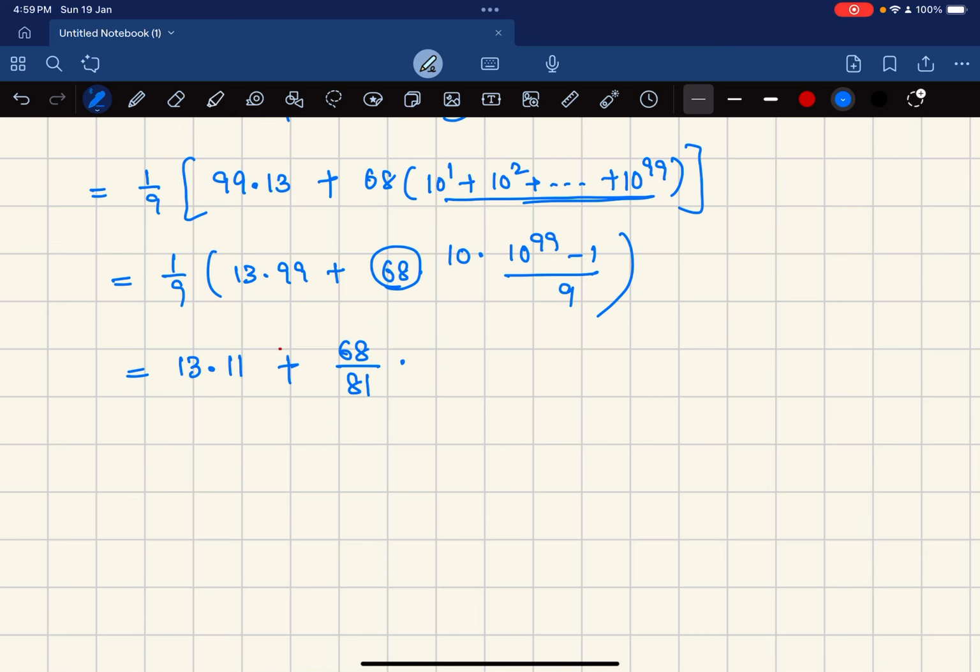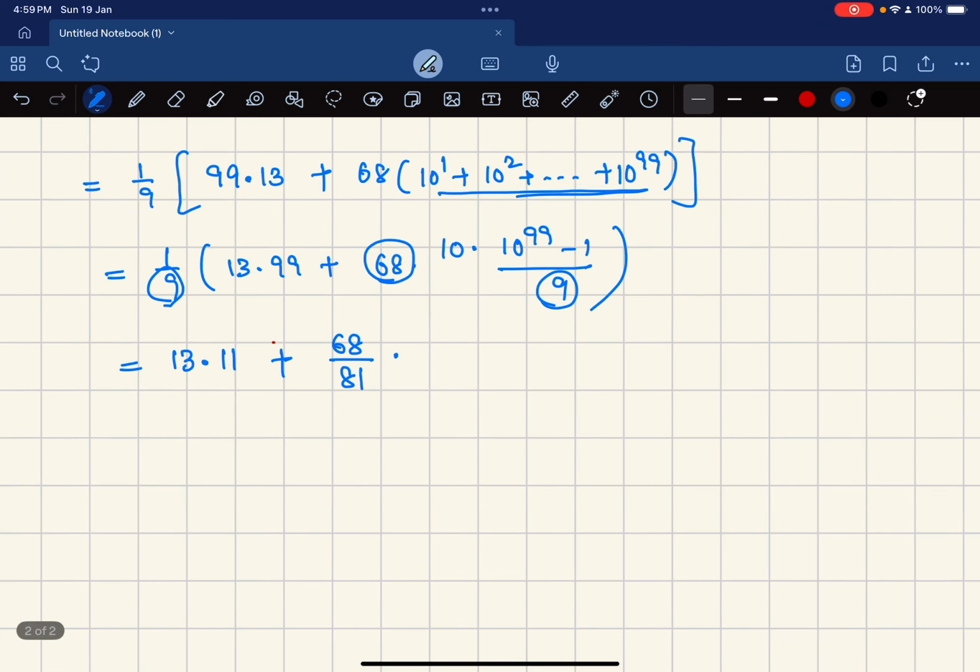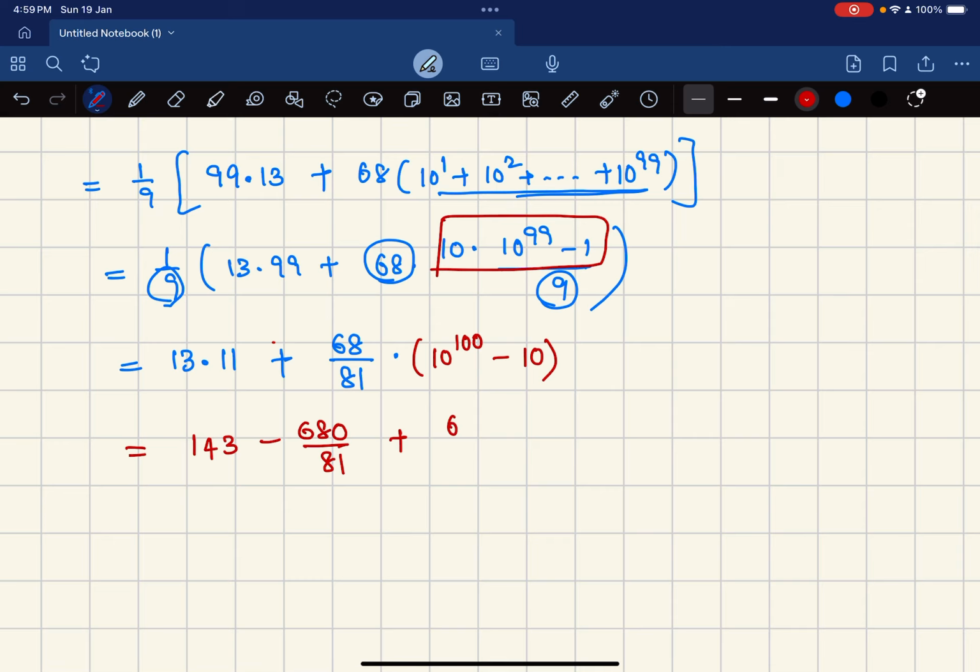So 68 by 81 times, now we have this whole thing here times 10 power 100 minus 10. So that will be 143 minus 680 upon 81 plus 68 by 81 into 10 to the power 100.